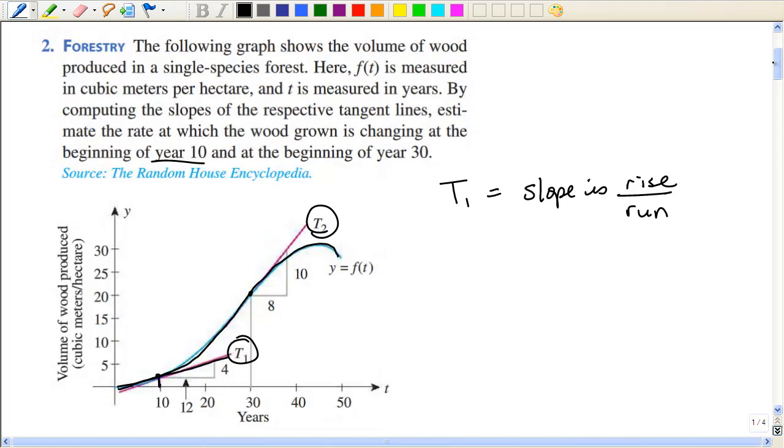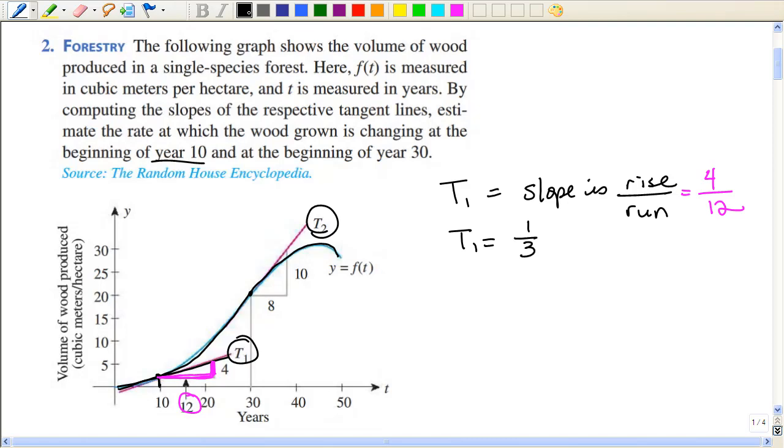If you look real carefully, they've made this little bitty triangle. Well, that's the rise and run. The run is from 10, well, a little bit past 20. They tell us it's 12. So the run is 12, and the rise is 4. So the slope of this first tangent line is just 1 over 3.